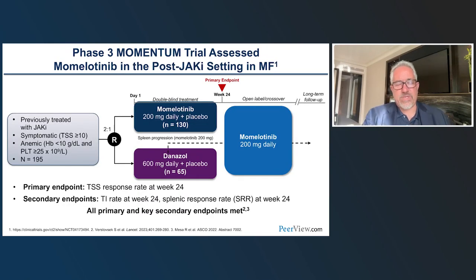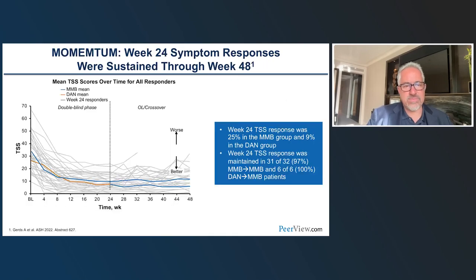I presented actually at last year's ASCO as an oral abstract, now published in The Lancet, the MOMENTUM study led by Dr. Rostovchik and myself, and many colleagues. This was momelotinib versus danazol in the second-line setting, symptomatic, failed JAK inhibition, and anemic, with an open-label crossover, with improvements in symptoms, spleen, and transfusion independence as endpoints.